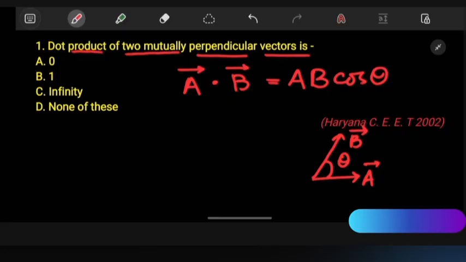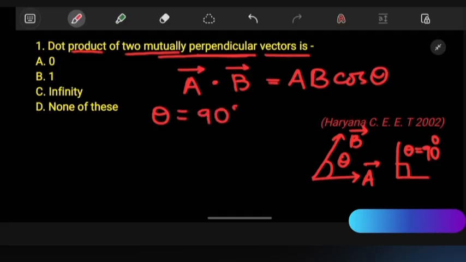Okay. Now we are told that they are mutually perpendicular. Perpendicular means their angle is 90 degrees. So here theta is 90 degrees. The vectors are mutually perpendicular.